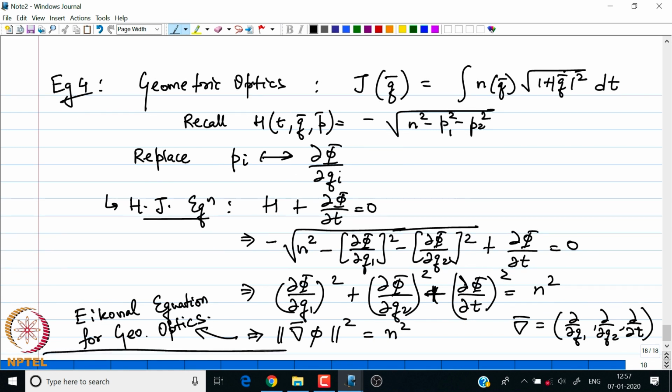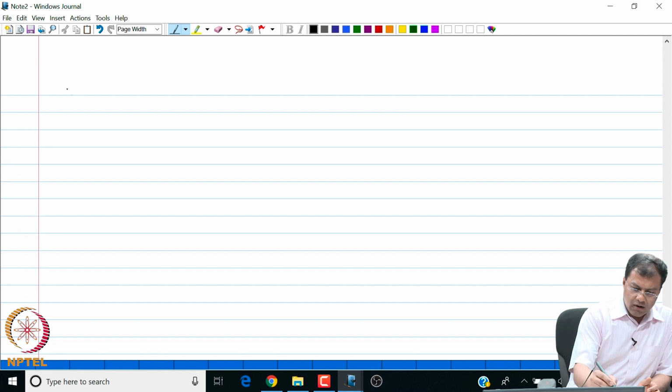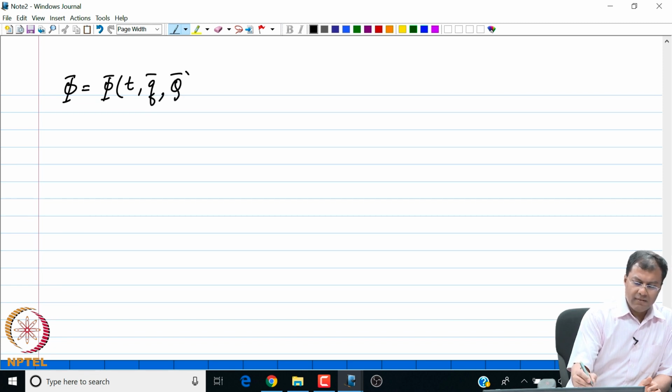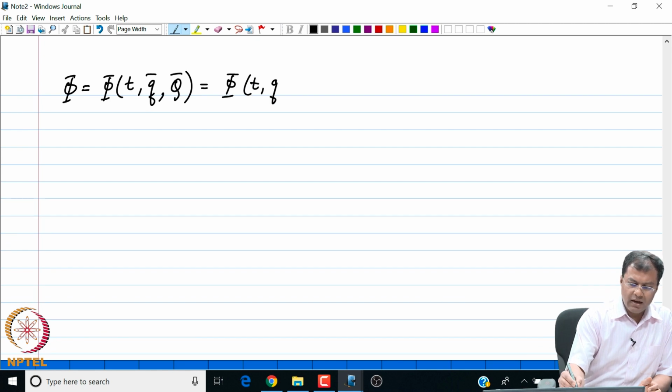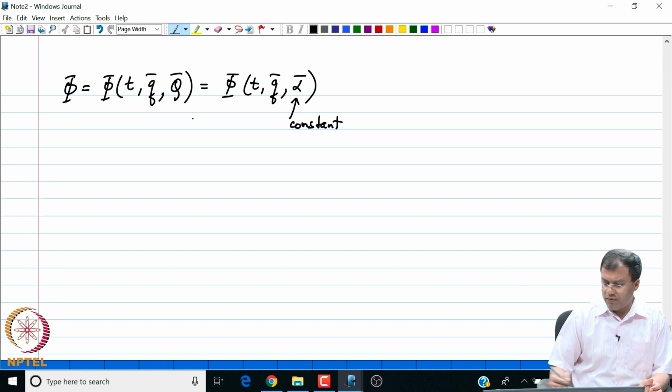Okay, so a few more concepts I want to introduce. I call my phi, which is phi of t, q bar, capital Q bar, as phi of t, q bar, alpha bar, where alpha bar is a constant. Where did this substitution come from?